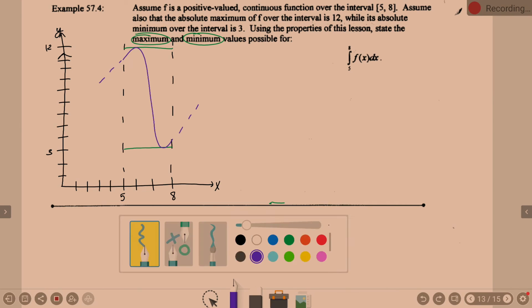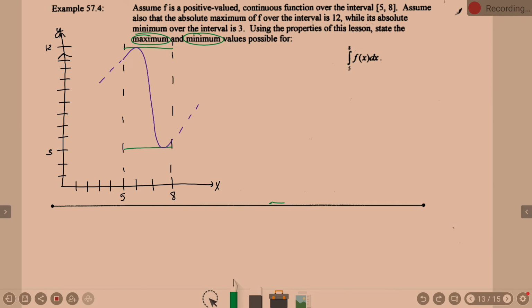So area under the curve, well, if we go with this purple curve I drew here, we're talking all that stuff right there, yes? We want to know a maximum value of that area, and we want to know a minimum possible value of that area.